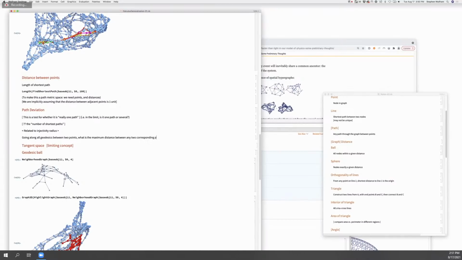One thing we could do here is going along all geodesics between 2 points. What is the maximum geodesic distance between any 2 corresponding points? Is that right? Yes, that should be.